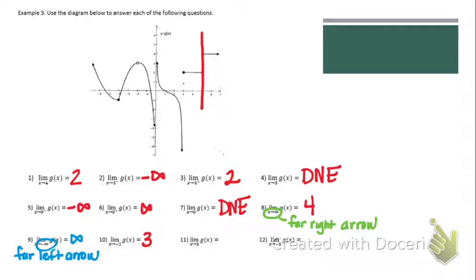What would you guess for the limit as x approaches 5? It doesn't say 5 from the left or 5 from the right. It's saying at positive 5. So what would you say the limit is? 4.